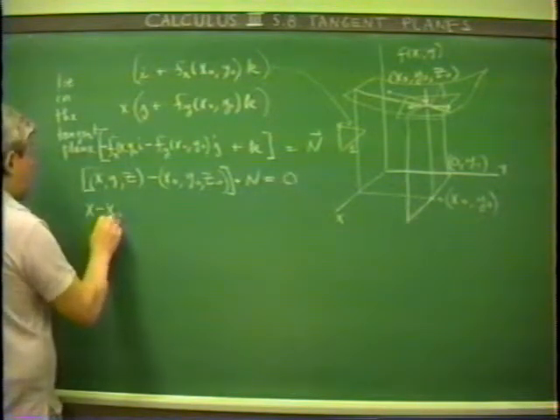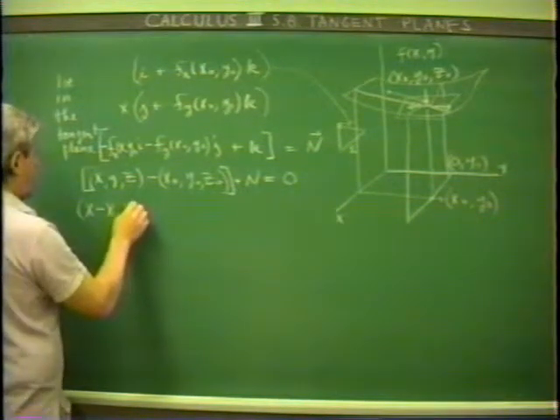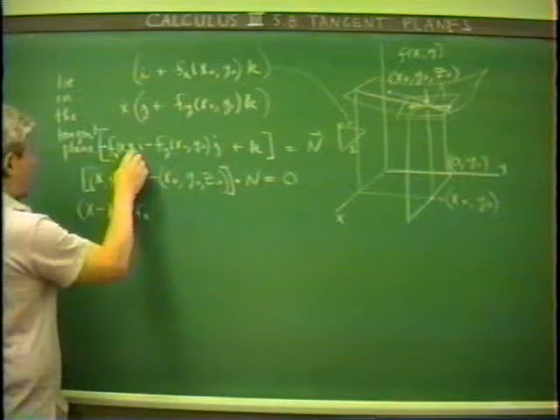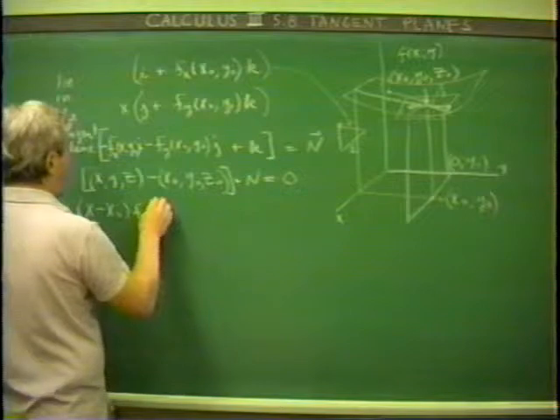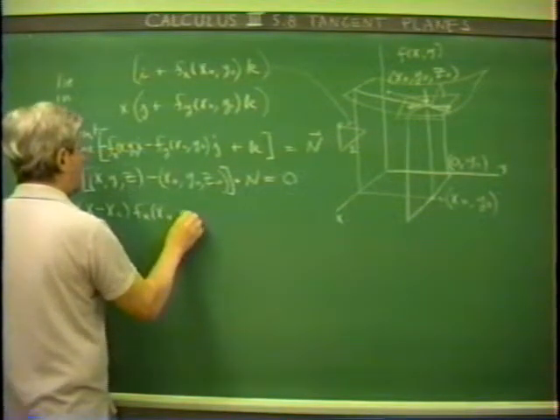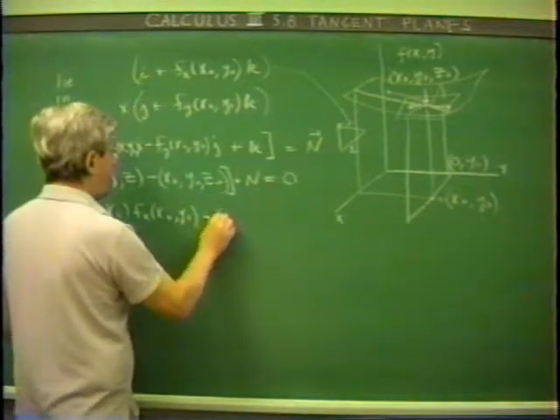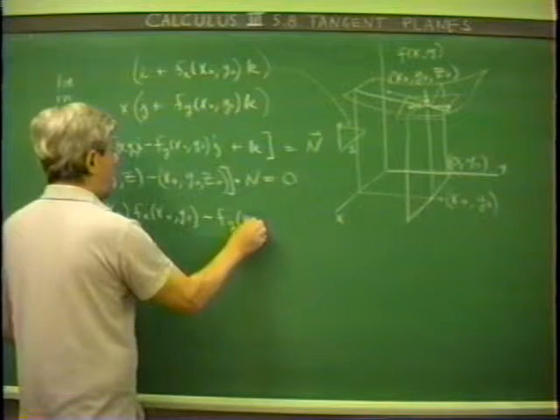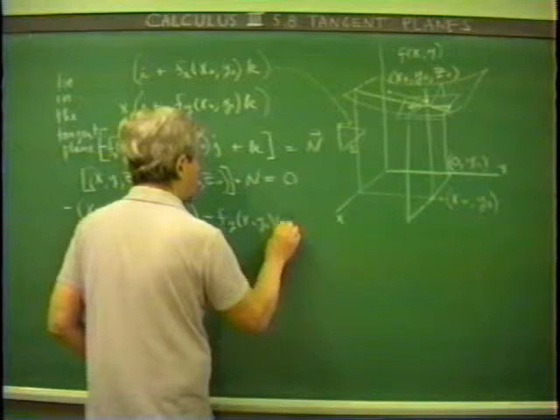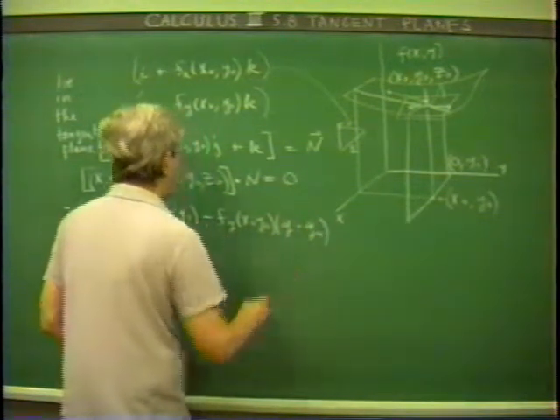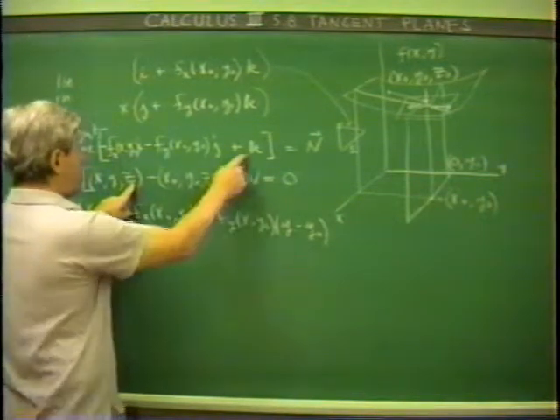Okay, what is this? This is x minus x naught times the partial of f with respect to x at x naught, y naught, and that's minus the partial of f with respect to y at x naught, y naught times y minus y naught, right?